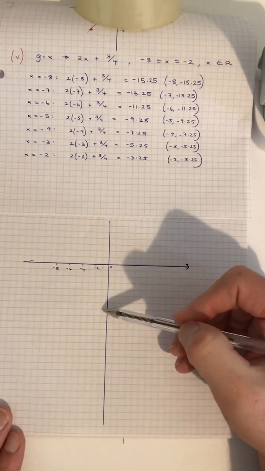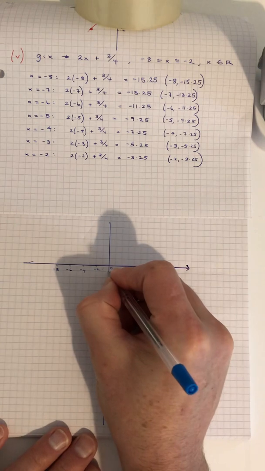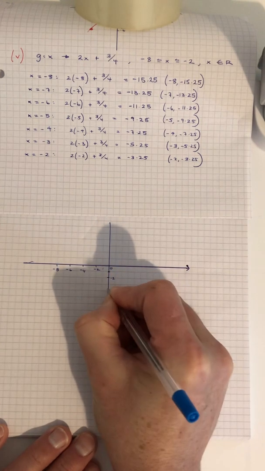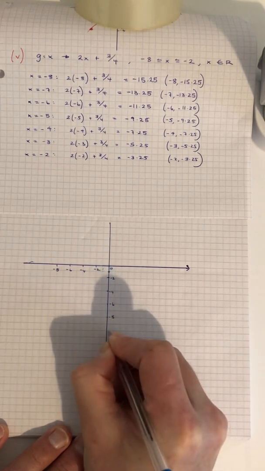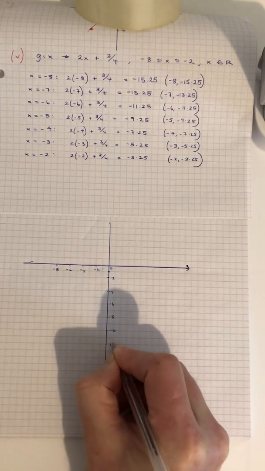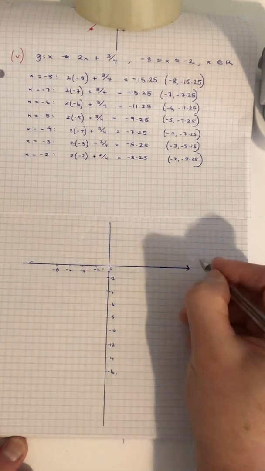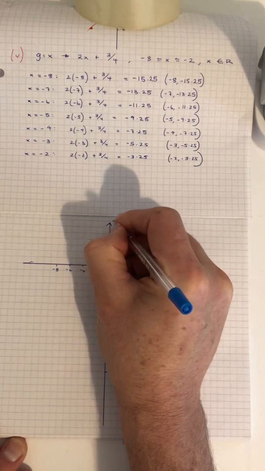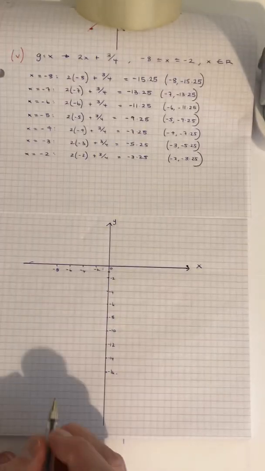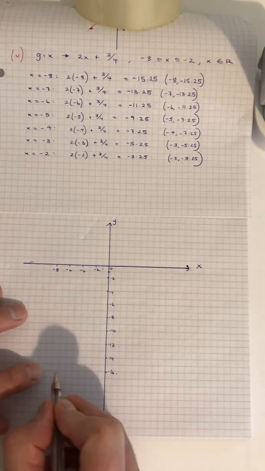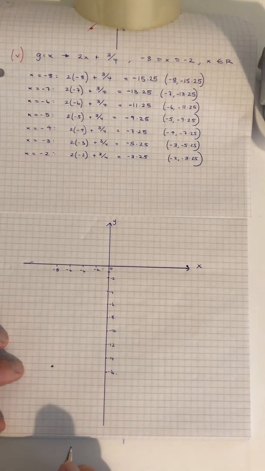And it's all these minuses down here I need. So I need to get minus 1, minus 2, minus 4, minus 6, minus 8, minus 10, minus 12, minus 14, minus 16. So x-axis, y-axis. So it's all down here. So minus 8, the whole way down to minus 15.25. So somewhere like so.